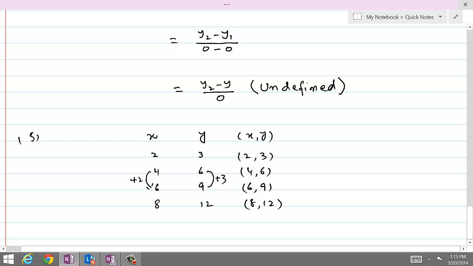But remember, both should go in the same direction. Here this plus 3 is a change in the value of y, and plus 2 is a change in the value of x. So the slope m is equal to delta y over delta x. This is equal to plus 3 over plus 2, which is the slope of the tabular data.